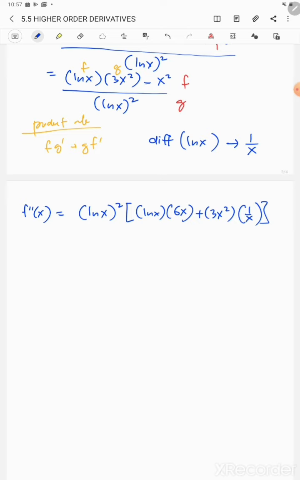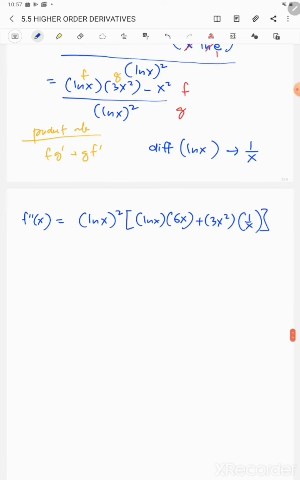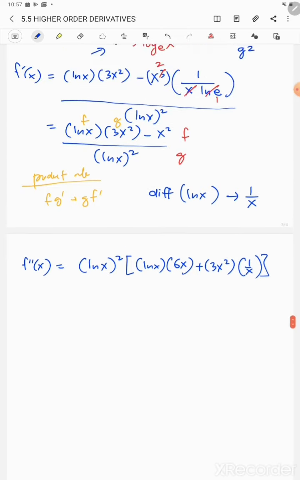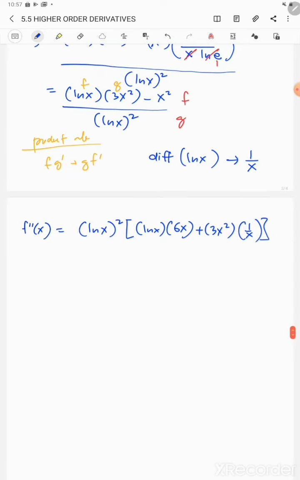And now we have minus x squared. Back to our f, now we have already applied the product rule, and then don't forget about the minus x squared, so you have to write minus 2x.